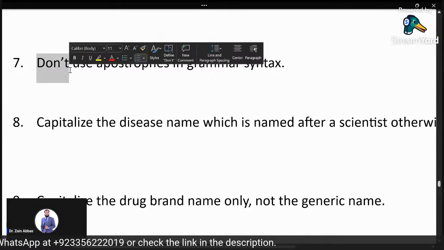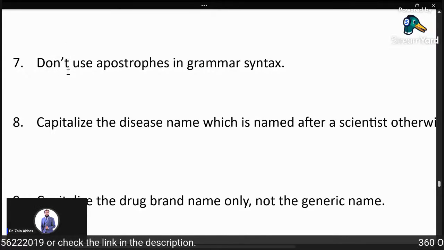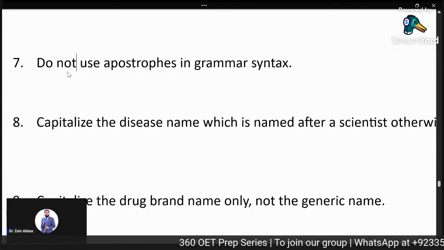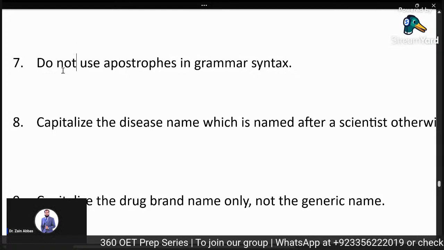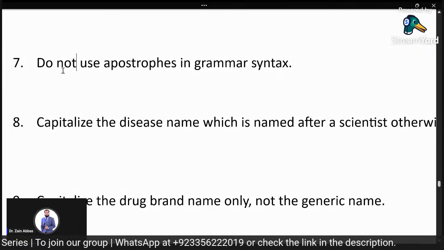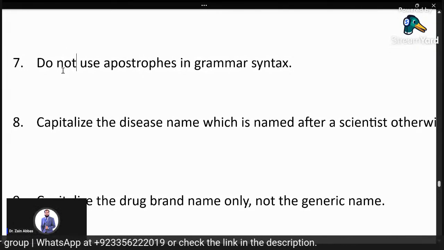It will be considered an informal way of writing, and it will give a negative impression. So don't use it. Instead of that, always write it in full, like in wouldn't, isn't, these important contractions.